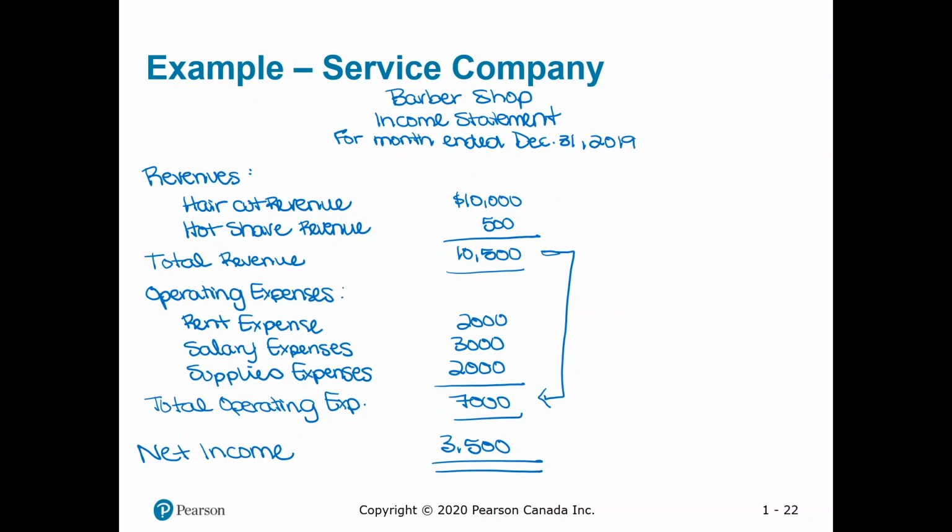So a couple things just to note on the formatting. I've done these lines here. It's more just because I know what the formatting looks like. This would be fine if you were to just have it kind of look like this. You're showing the 10,500 minus the 7,000 gets you to net income.